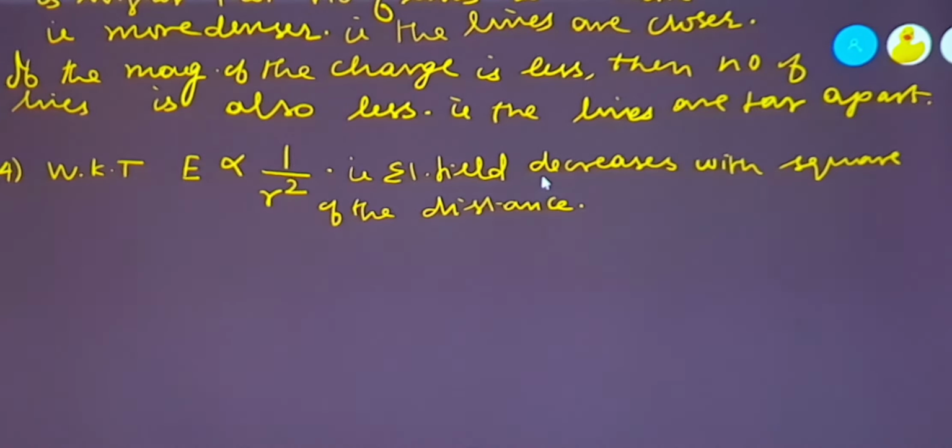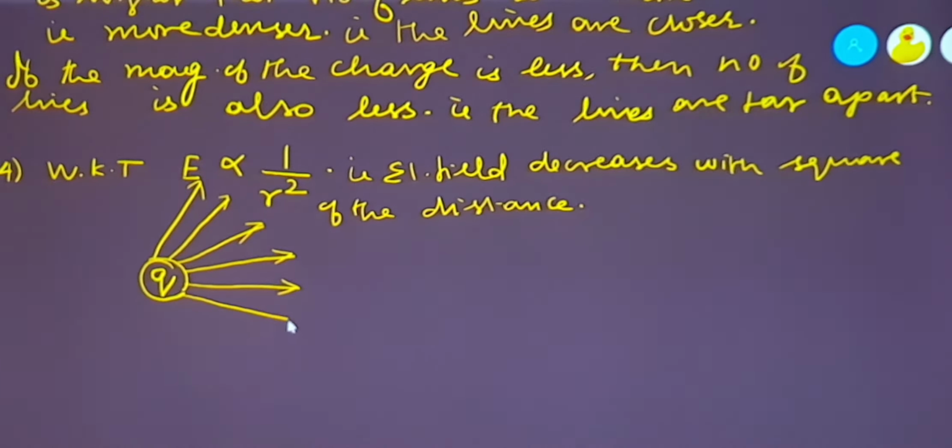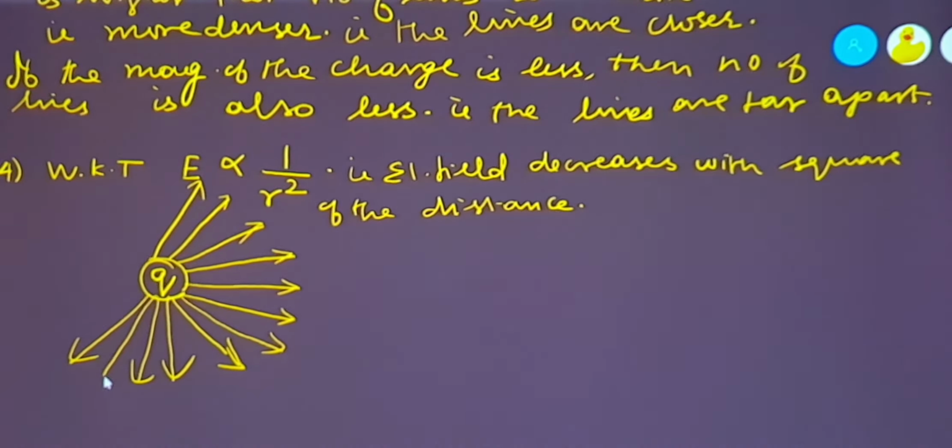If you just consider a diagram, let us have a charge Q here. Around this, we have so many electrical fields. If I draw the electrical lines, they act radially outwards. From this point charge, where the electrical lines of force act radially outwards, I am taking two points.